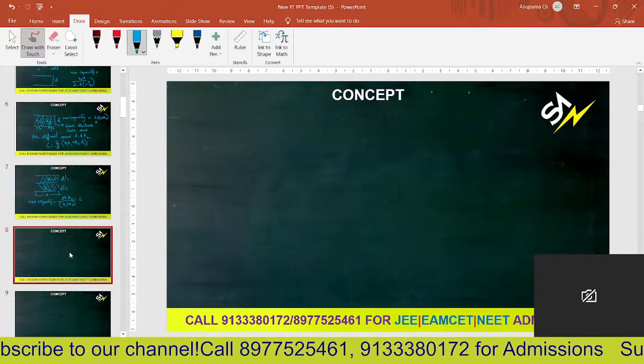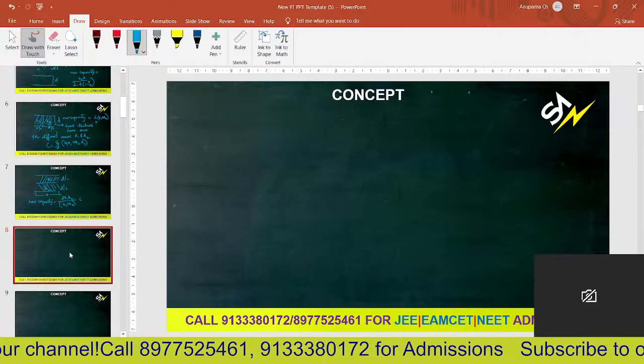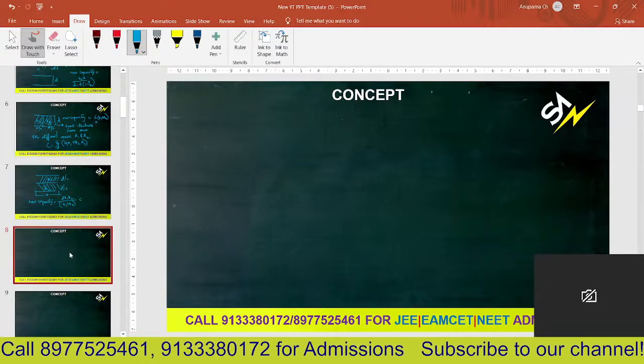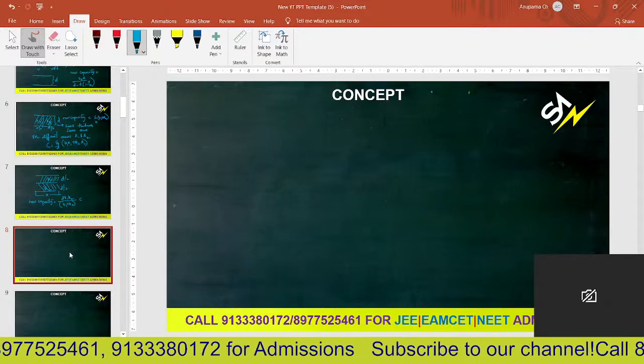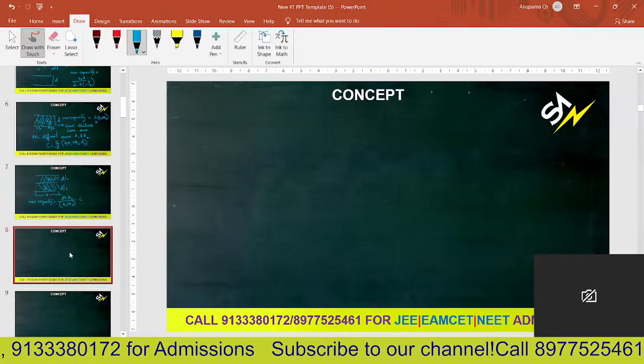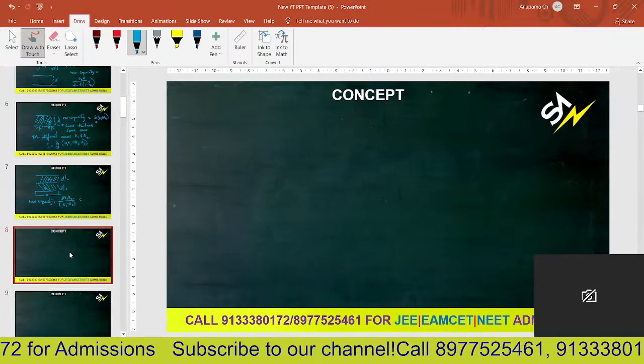Here we took only 2 and got the new capacitance, but if n identical slabs are given, the new capacitance will be 2 to the power of n minus 1 times the original capacitance. So this is about the capacitance for n number of slabs.